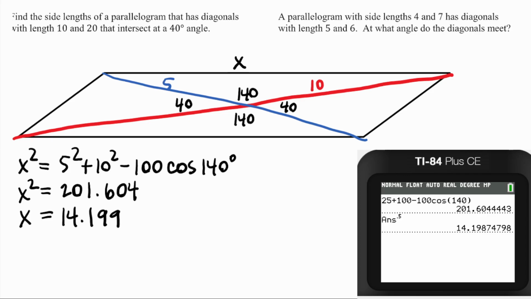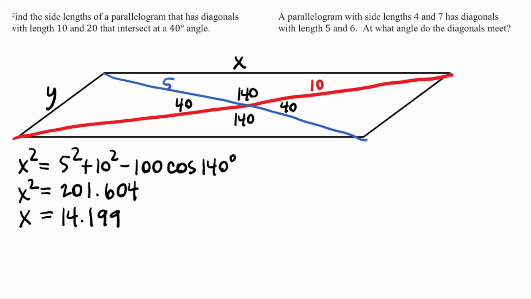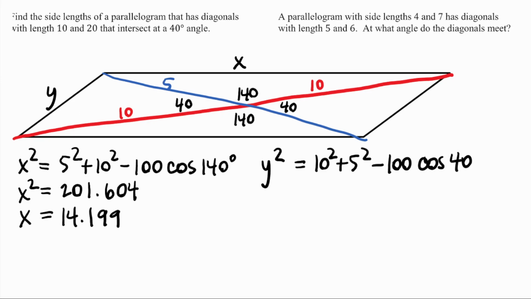Okay, and then we're going to do the exact same thing on the other type of triangle to find what I might call y. So maybe I'll get rid of the calculator for a second and say y squared. Well, if that red 10 was there, this red 10 will also be a 10. So I could say y squared equals, same thing, 10 squared plus 5 squared minus 2 times 5 times 10 times the cosine of 40 degrees.